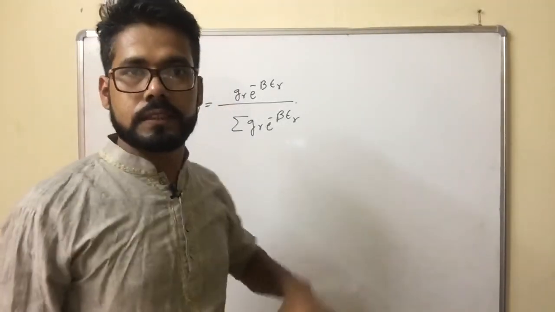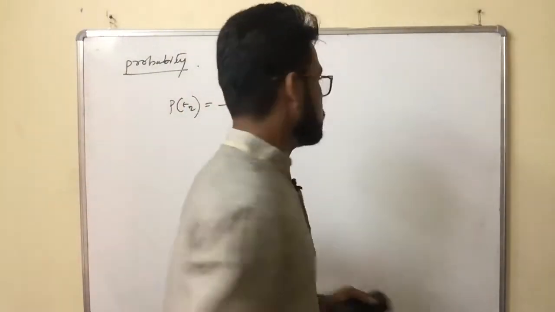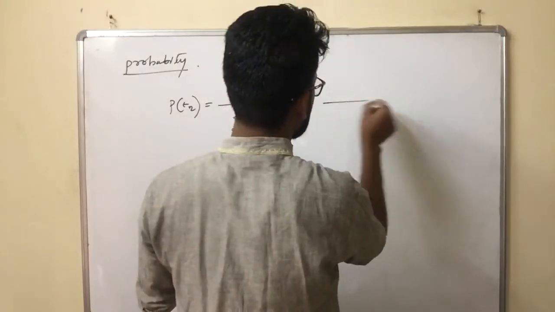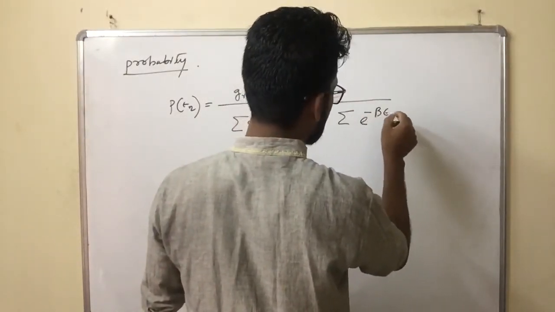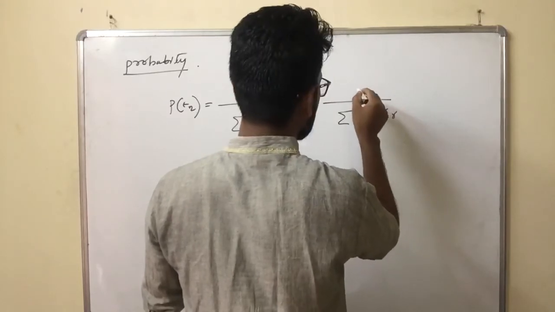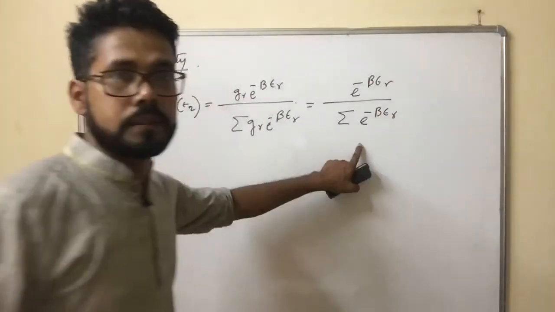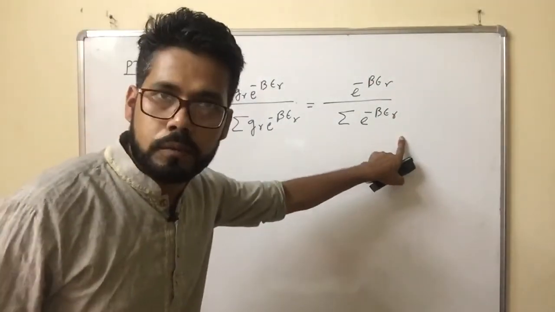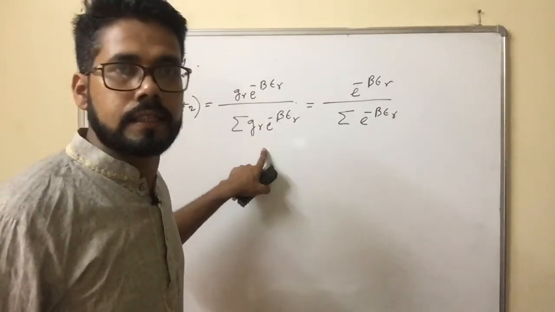Normally, if the system is non-degenerate, degeneracy g_r equals 1, then we always represent the probability formula like that, as a simplified version for a non-degenerate system. Always remember, this is the probability formula in a non-degenerate system, and this is the probability formula in a degenerate problem.